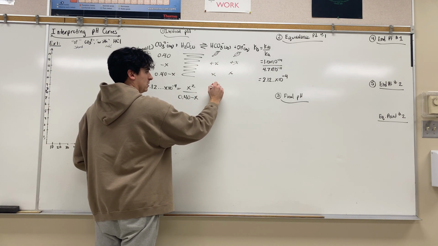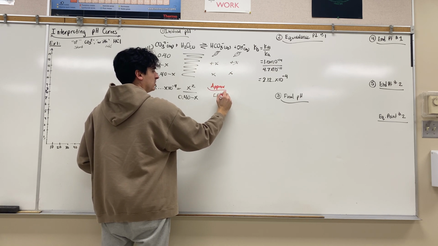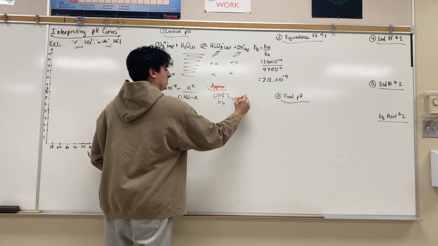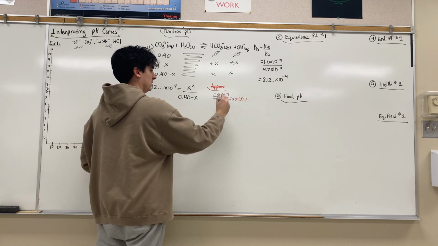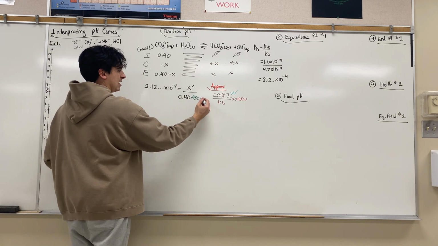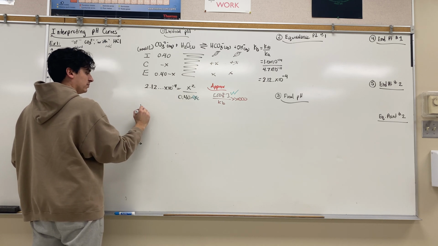We make an approximation by taking the initial concentration of CO3 2-, dividing by Kb, and seeing if it's over 1,000. Guess what? It is. And if it's not, assume it is. Go on with it. Okay? Our X goes away. We multiply both sides by 0.4 and square root.